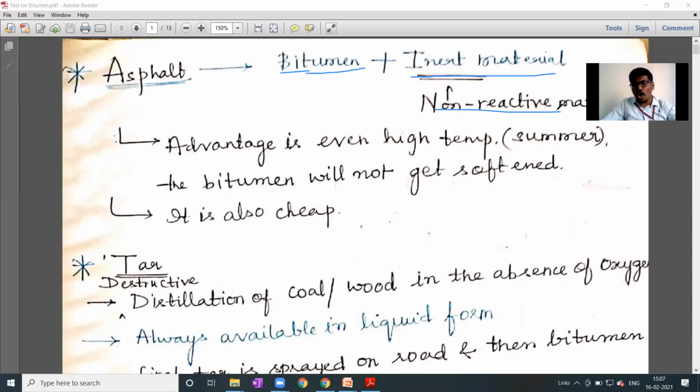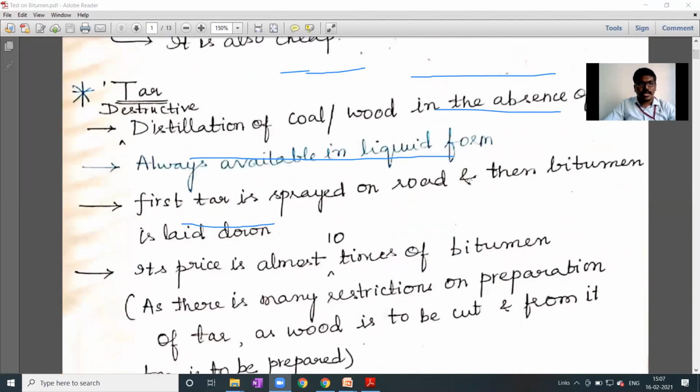In the United Kingdom and elsewhere, they call bitumen asphalt also. I just want to recap whatever I discussed till now. The advantages are that it works at very high temperature, as I already mentioned, and it is also cheap. Coming to the tar, I have already discussed all this.